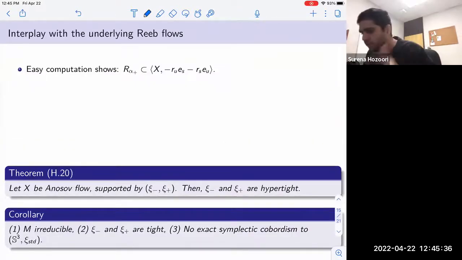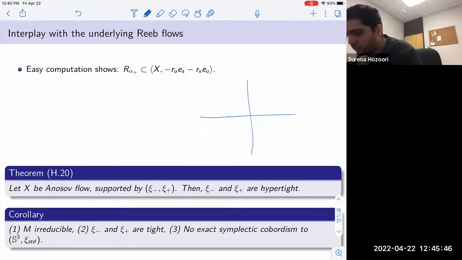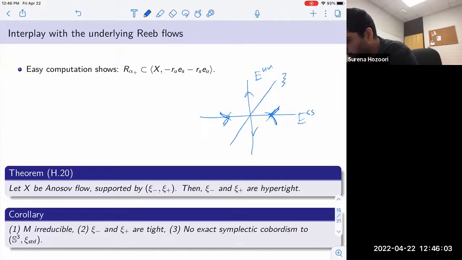In order to discuss that, I should tell you a little bit about the interaction with the underlying Reeb flows. It's a very easy computation to see. We can basically compute where the Reeb flows are, approximately, in some sense. So here, if it's E^s and E^u, let's say, again, I look at this bisector here.